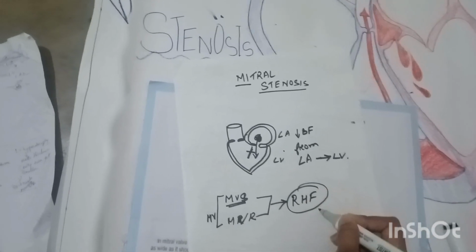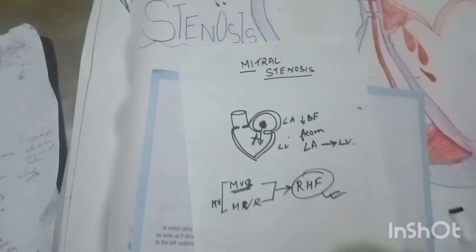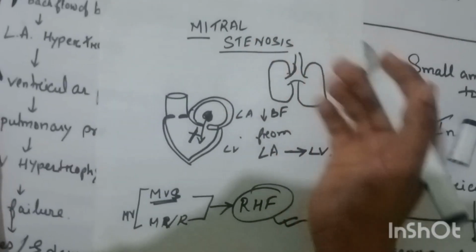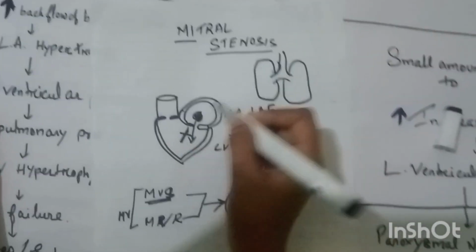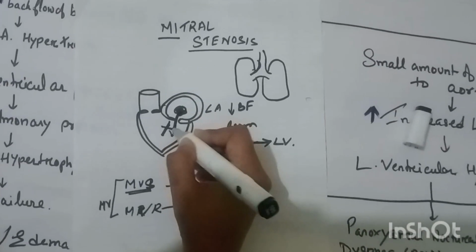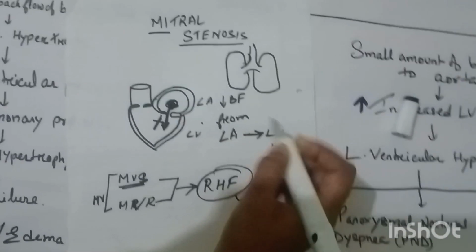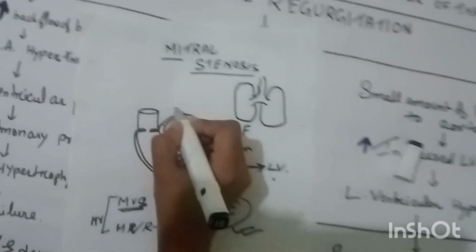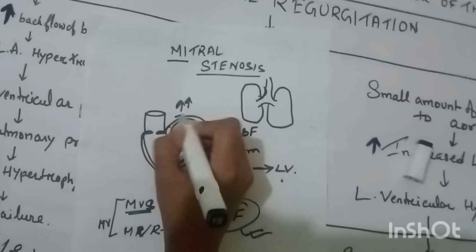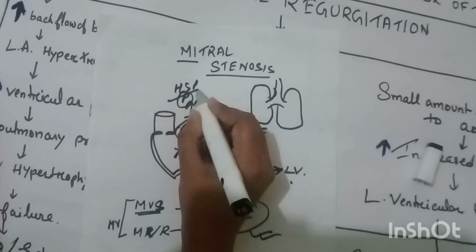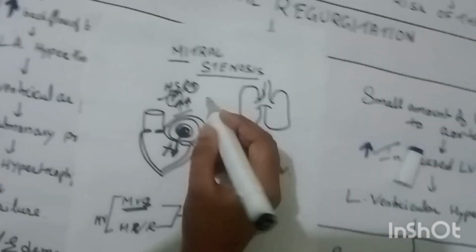Rheumatic fever is the main cause of this mitral valve disease. So, when there is restriction in the blood flow from left atrium to left ventricle, the pressure in the left atrium will increase. The hydrostatic pressure will increase in the left atrium.